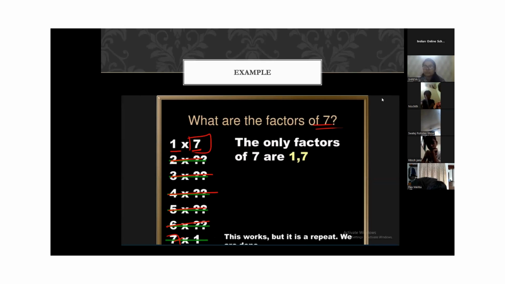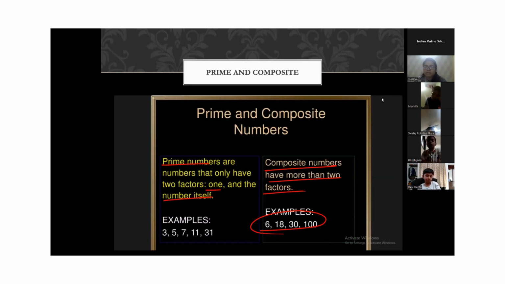So you stop. So 7 has only 2 factors, 1 and 7. 1 and the number itself. Yes or no? So such numbers are called prime numbers. For example, 3, 5, 7, 31, 11, all these are prime numbers. Do you understand, students?